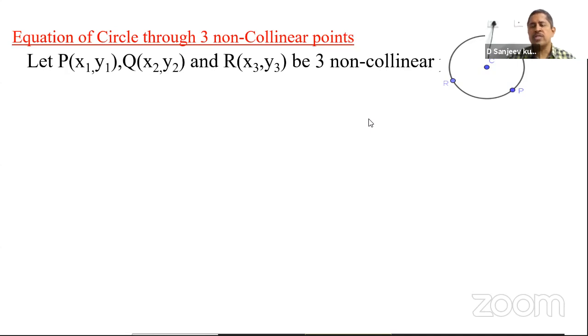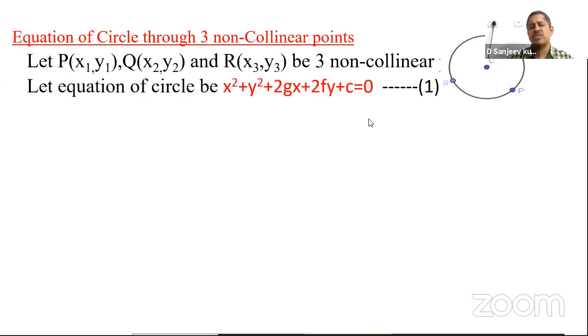Now, how are you going to form the equation of the circle? The first step is to write the standard equation of the circle. So what is the standard equation of the circle? x square plus y square plus 2gx plus 2fy plus c is equal to 0. Now there are 3 points on the circle: the first point is P, the second point is Q, and the third point is R. Whenever points lie on the circle, it means that the point should satisfy the equation of the circle.